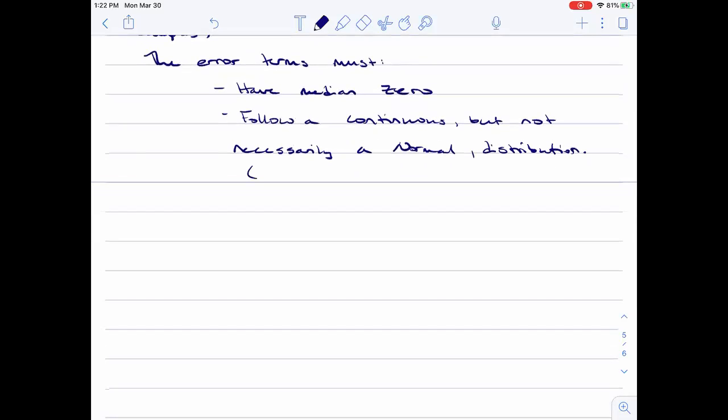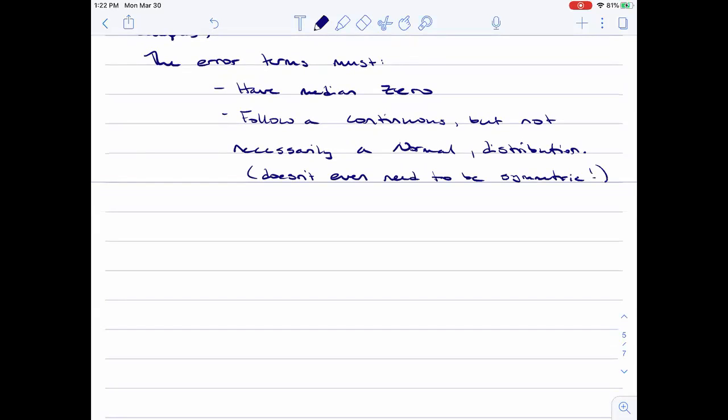It doesn't even need to be symmetric, which is pretty cool. We don't even rely on symmetry if we're doing non-parametric methods.